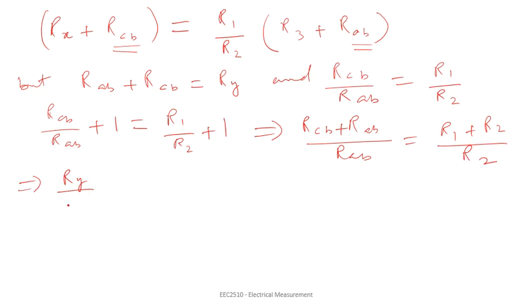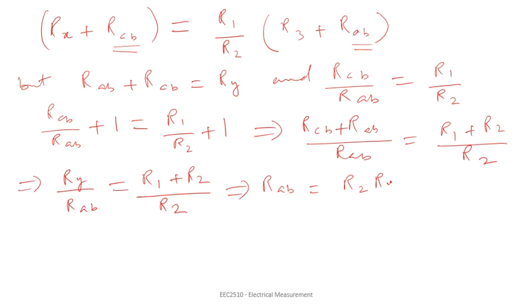This means Ry over RAB is equal to R1 plus R2 over R2, and therefore RAB equals R2 Ry over R1 plus R2.